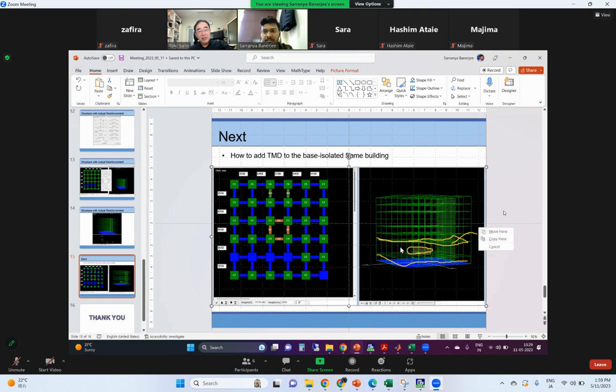From the option member, you should select mixed floor, and you can select the TMD layer to be flexible. Okay, I'll check that.